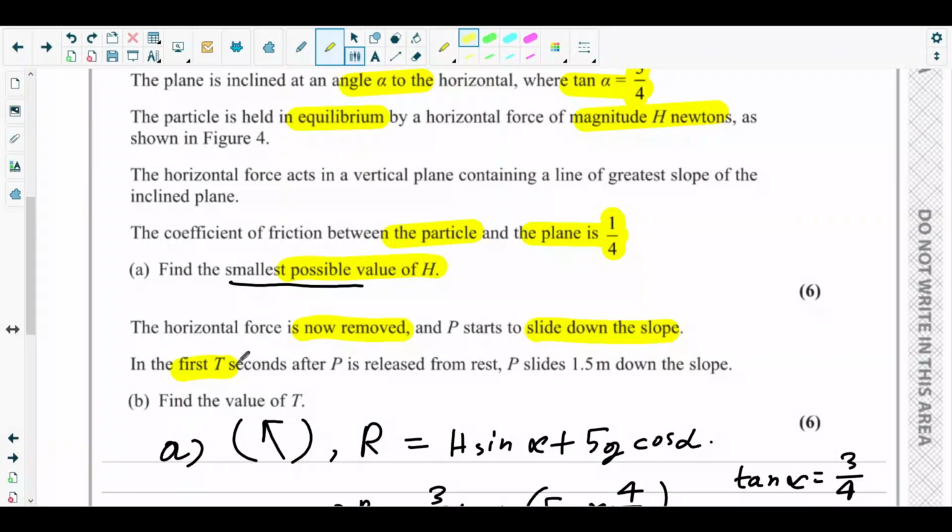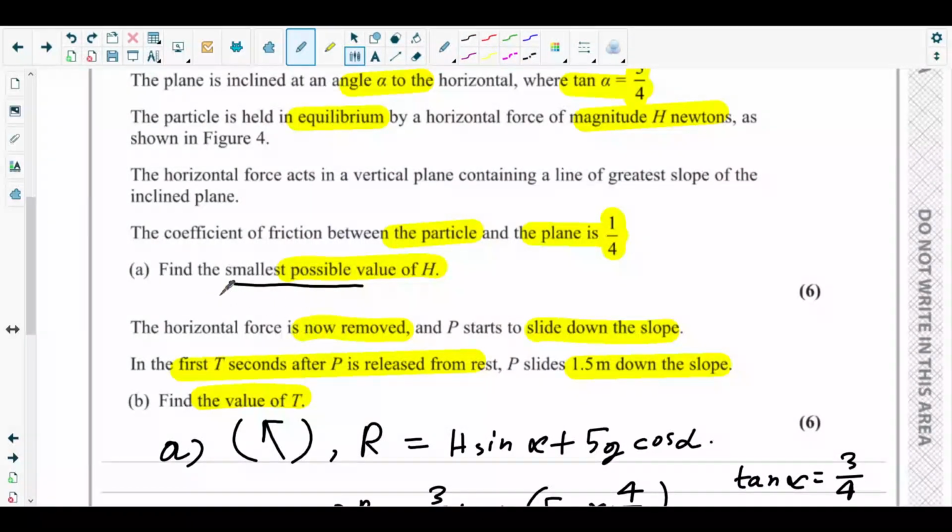In the first t seconds after P is released from rest, P slides 1.5 meters down the slope. So the particle P has slid 1.5 meters down the slope in t seconds. Now part B asks us to find the value of that t.